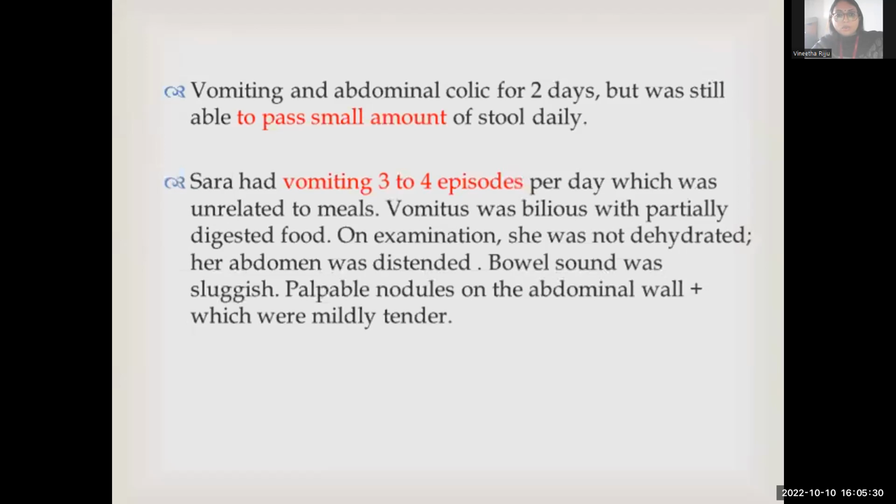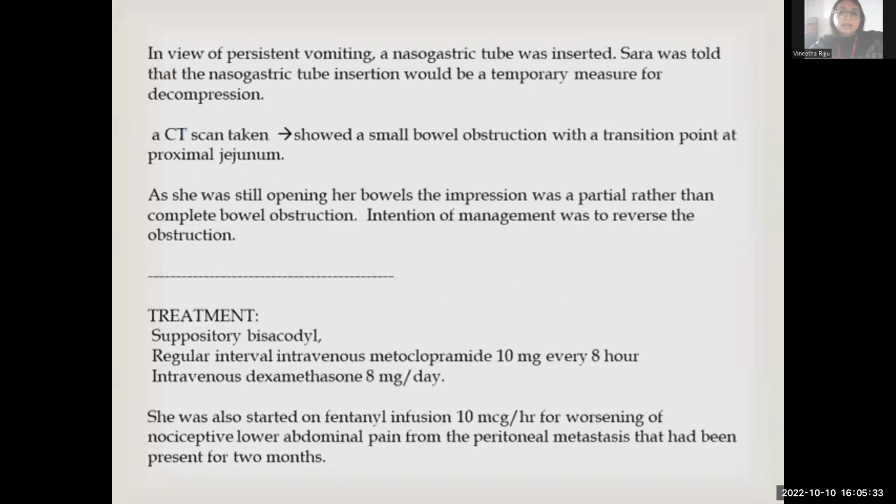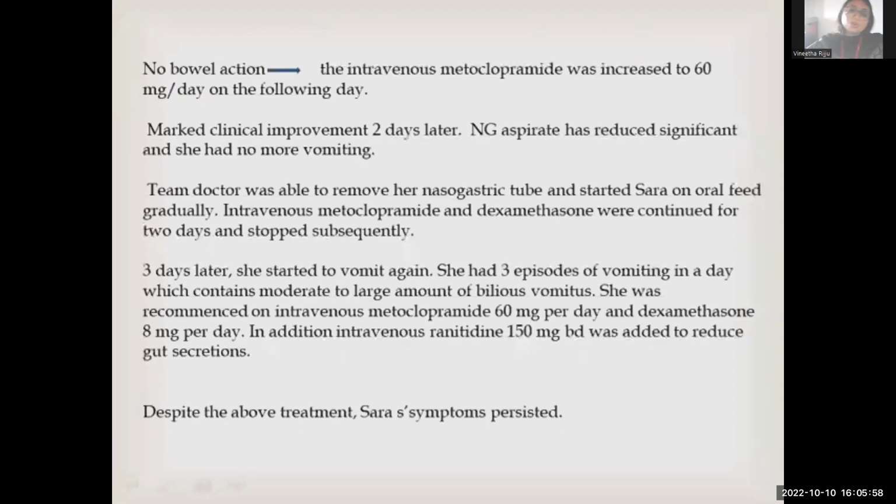Abdominal colic, vomiting, not passing complete stools, just some stools. So she was given suppository bisacodyl, intravenous metoclopramide and intravenous dexamethasone 8 milligram per day, and started on fentanyl infusion 10 microgram per hour. Are you fine with that? If you're fine, let's go on.